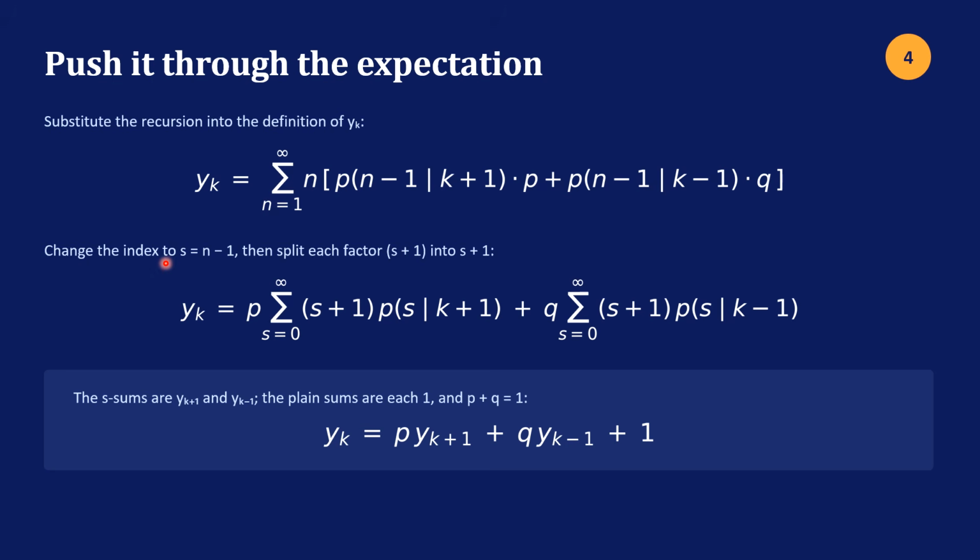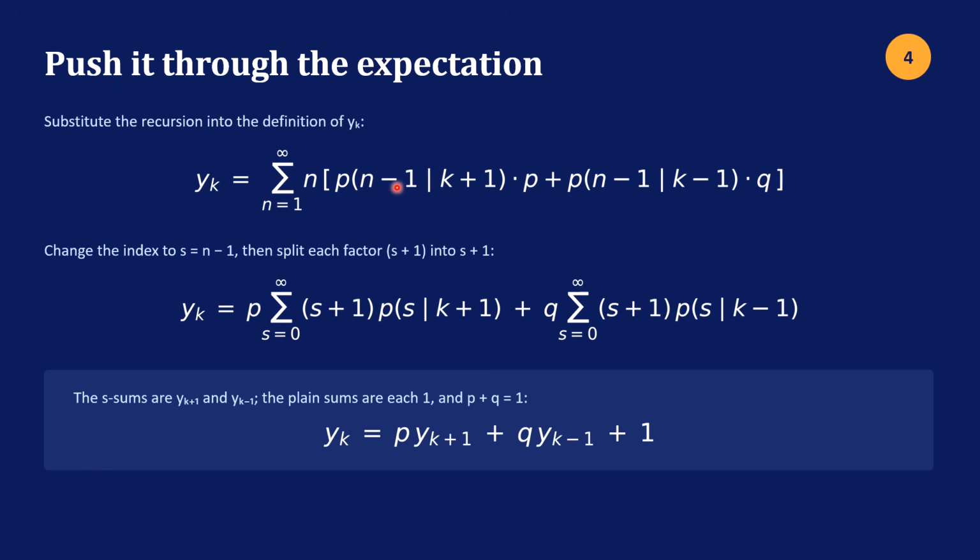And then we make a substitution, s equals n minus 1. And so the sum goes from 0 to infinity. And we broke it into two sums. And the n, we can solve for that. It's s plus 1. So we get s plus 1 here and s plus 1 here.